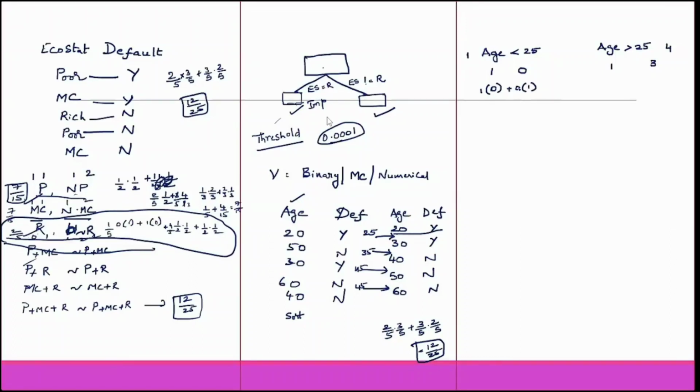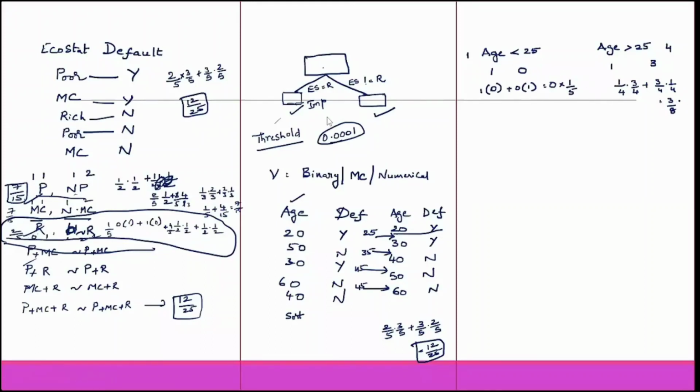So here the impurity is 0. For the other side, 1 by 4 times 3 by 4 plus 3 by 4 times 1 by 4, so here it is coming out to 6 by 16, which is 3 by 8. This 0 is actually multiplied by 1 by 5 because there is only one observation.